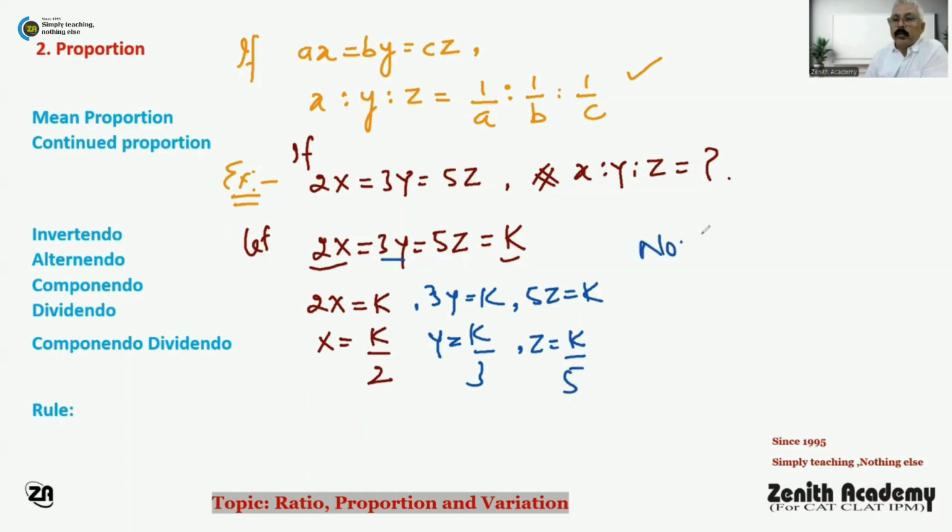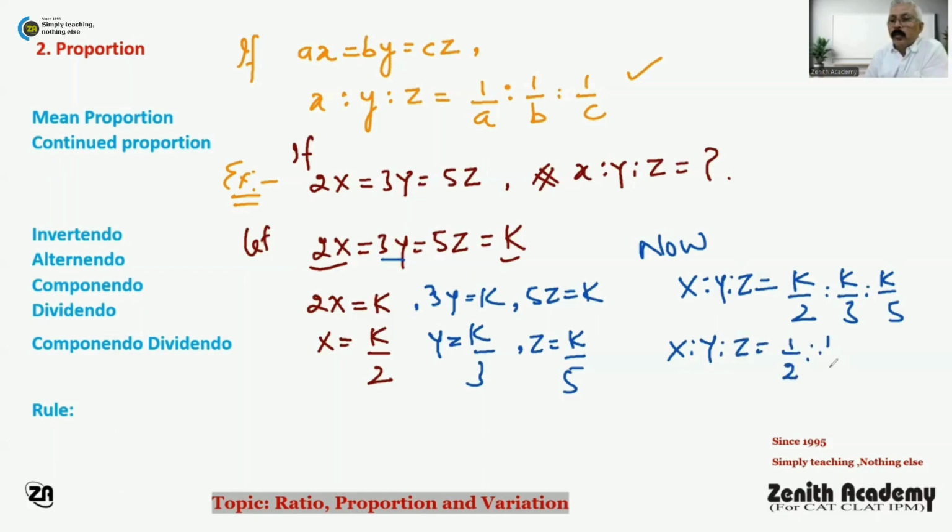So now the ratio x is to y is to z is k by 2, k by 3, and k by 5. K is a common factor, so you can remove it. So this is x is to y is to z is 1 upon 2, 1 upon 3, 1 upon 5.